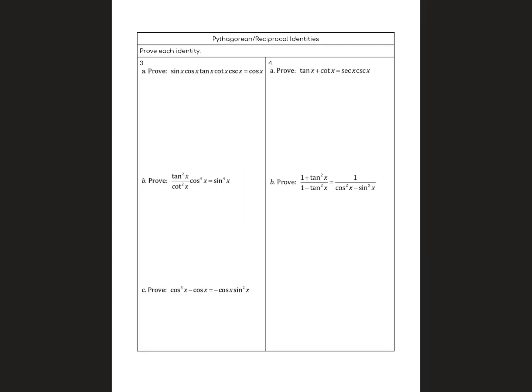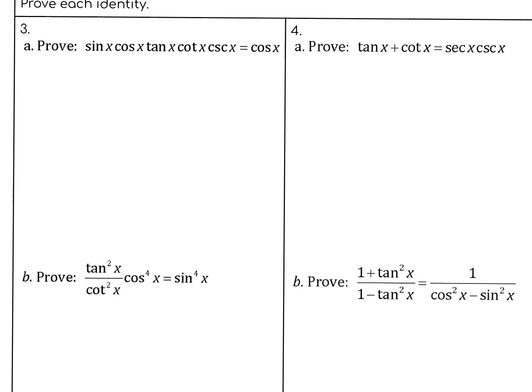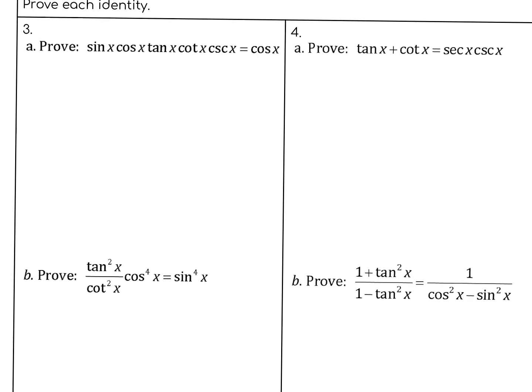Ooh, proofs. All right. So I'm going to do some stuff. Let's see what happens. I'm just going to rewrite the left side in terms of sines and cosines. See what happens. Sine x, cosine x. Tangent is sine over, I'm going to line things up, cosine.